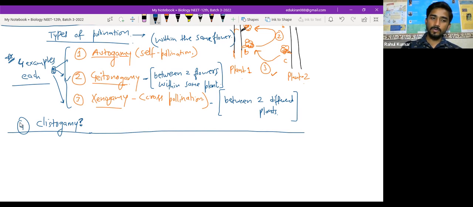So this has been asked once. I would ask all of you to go back and look at cleistogamy and bring me an example for this. Then I will discuss. I'm reserving this for later because I have to tell you some other concepts as well. But everyone has written cleistogamy?